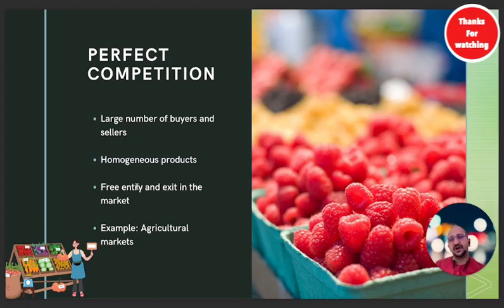The best example again could be that if you want to start a restaurant, anyone can start a restaurant, because it's very, very difficult to bring differentiation in the product. In many cases, products are quite homogeneous.